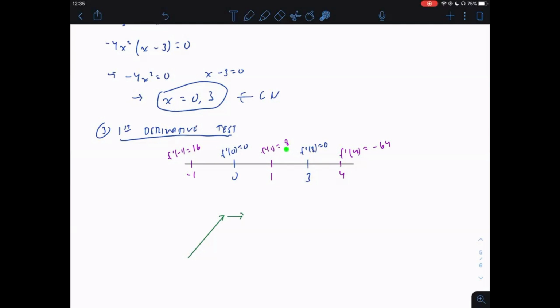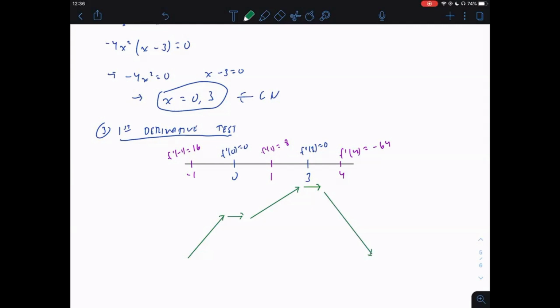The slope is still positive even after that first critical number, meaning our function continues to increase, meaning there is no change of direction around this first critical number. Okay. So our function continues to increase even after that first critical number. But then it flattens out at x equals 3. And in this case, after the second critical number, since the slope is negative now, that means our function comes down.